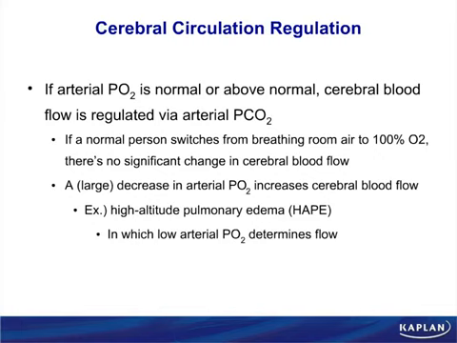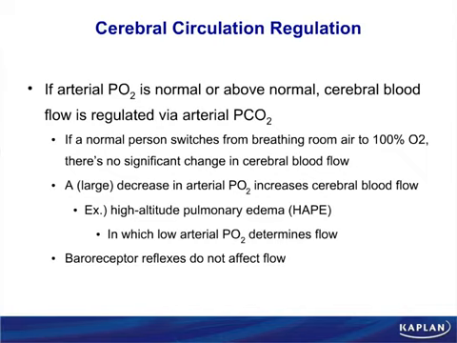That's a beautiful example. High altitude, you have a low arterial PO2, and that can drive a big increase in cerebral blood flow in addition to the pulmonary edema. Okay? And so a large drop in arterial PO2 has a big impact, and you'll increase cerebral blood flow. The baroreceptors and sympathetics do not affect the flow in any significant way.